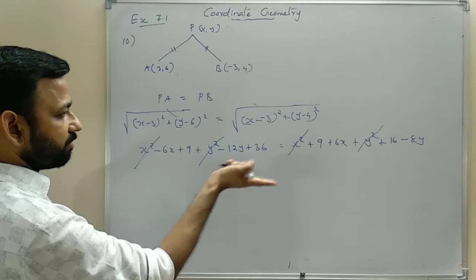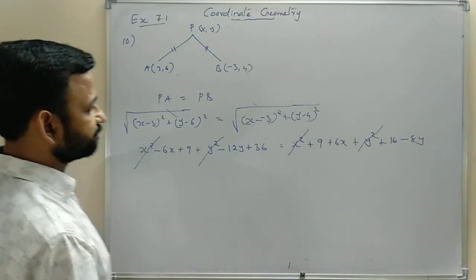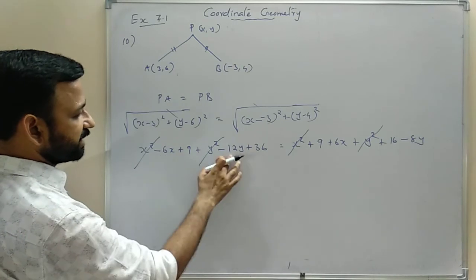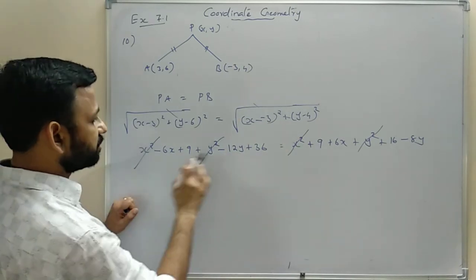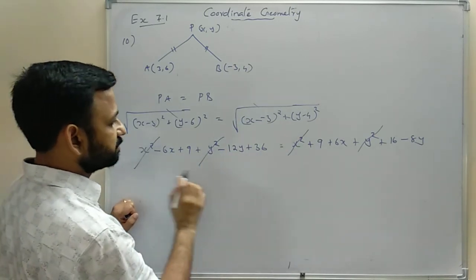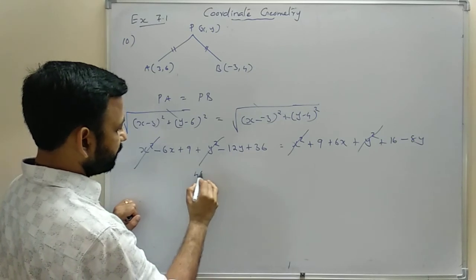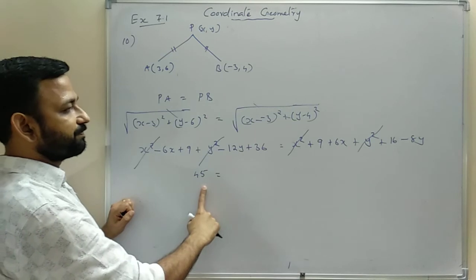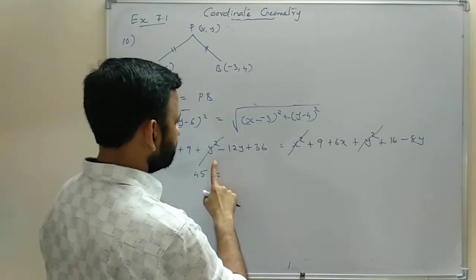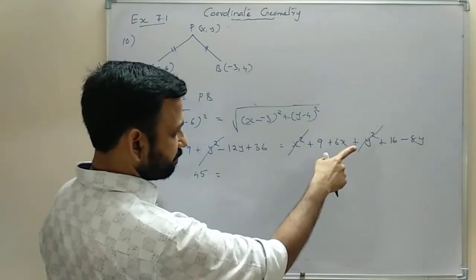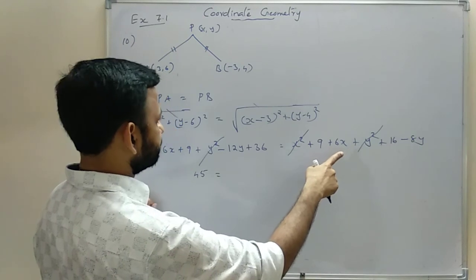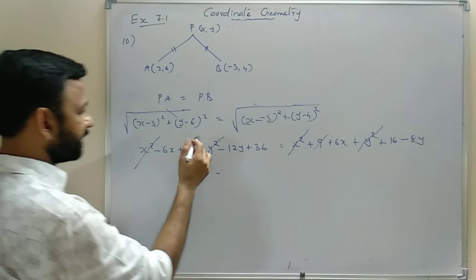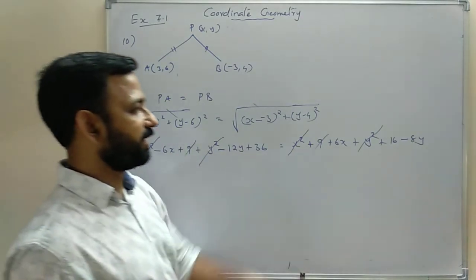So we can take all the terms from right to left, or we can take minus 6x and minus 12y from left to right. 9 also will be cancelled, here 9 and here also 9.